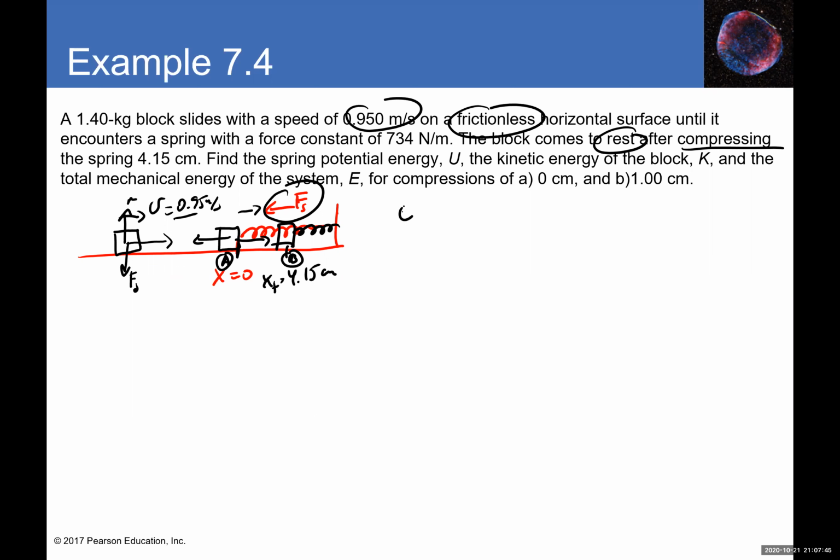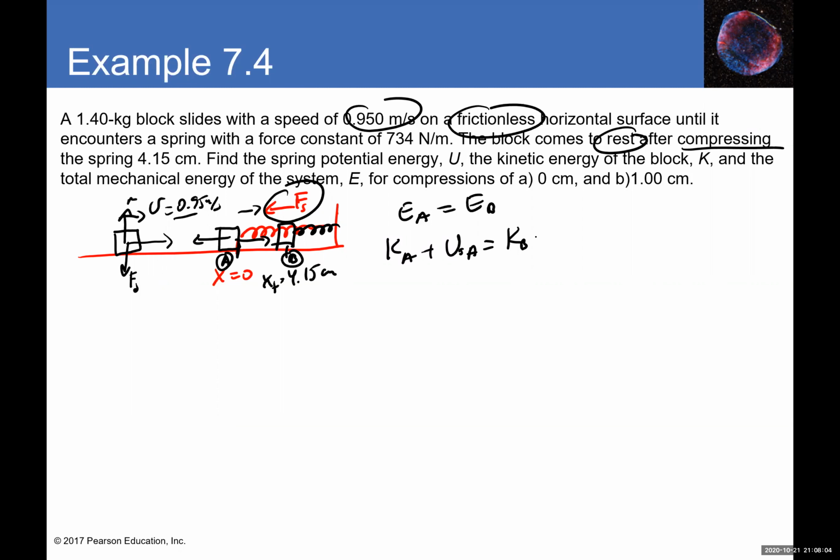That means I can say mechanical energy at point A equals mechanical energy at point B, which means Ka plus U spring A. I don't have to worry about the gravitational potential energy here because points A and B have the same vertical height, so there is no change in gravitational potential energy. I can just ignore that.